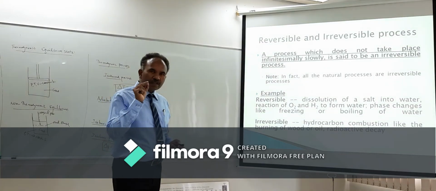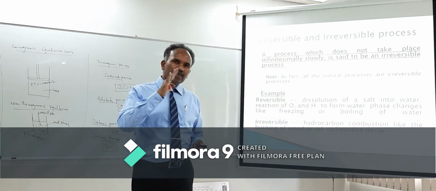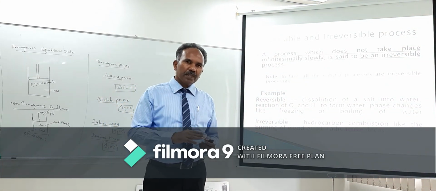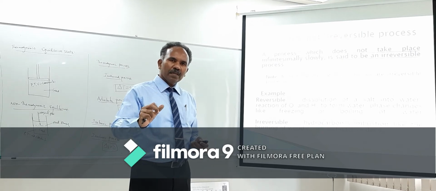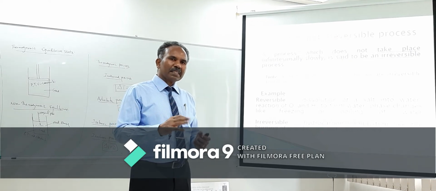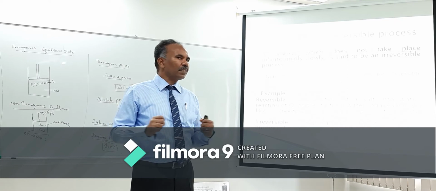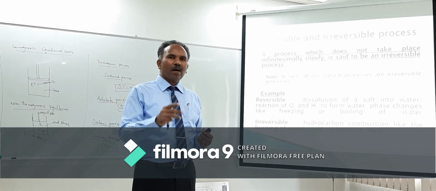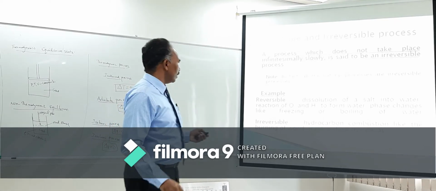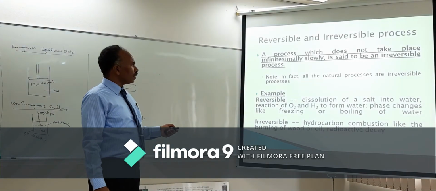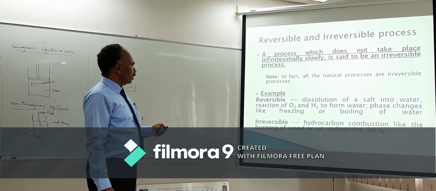Usually, in a reversible process, the process takes place very slowly, that is, infinitesimally slowly. Sometimes the process takes place very fast. It can't take place slowly. They are called irreversible processes. In fact, all natural processes are irreversible.